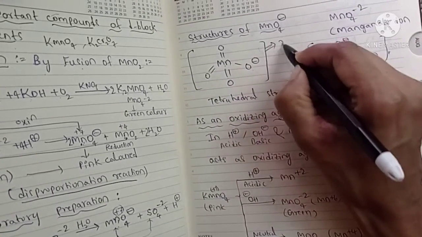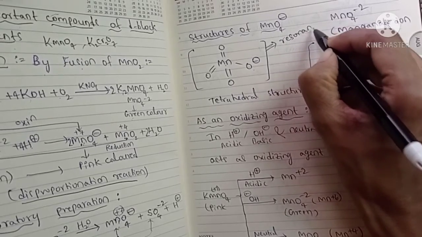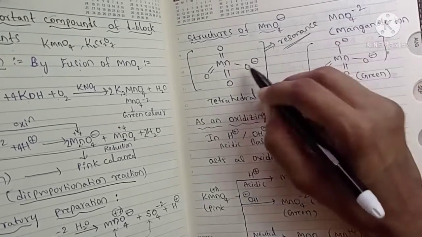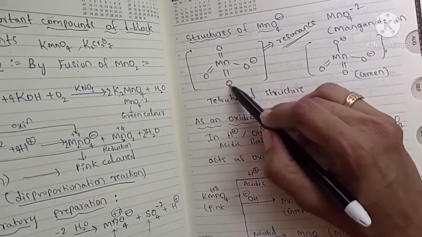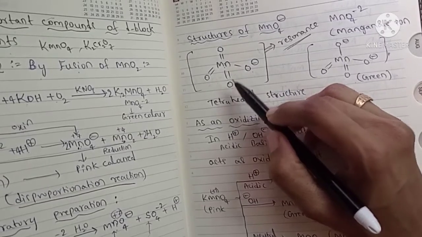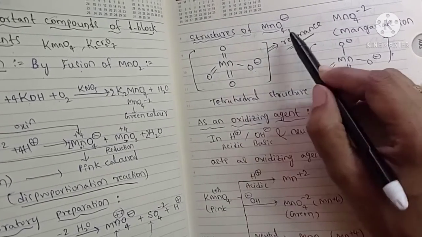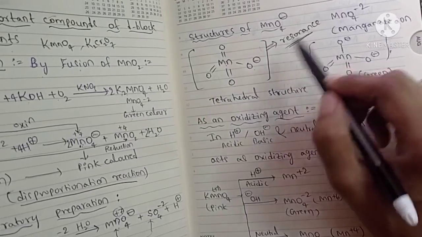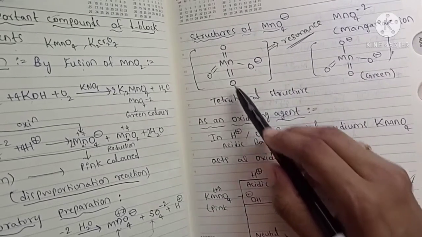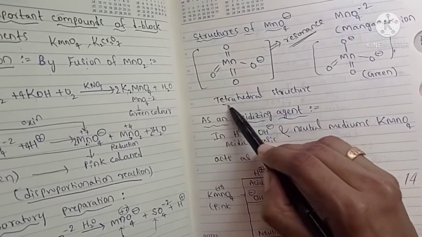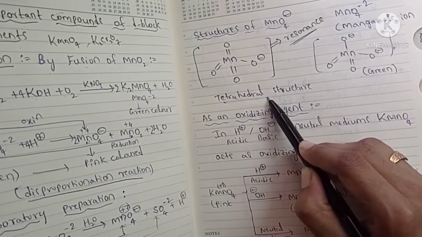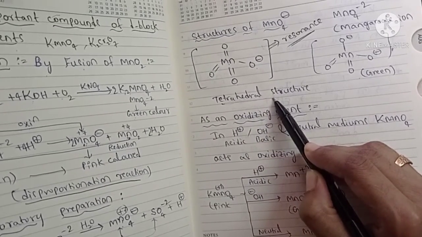Due to this resonance, all Mn-O bonds have equal bond length. They are said to be equal bonds because of the resonance. The hybridization is sp3, and the geometry of the compound is tetrahedral.